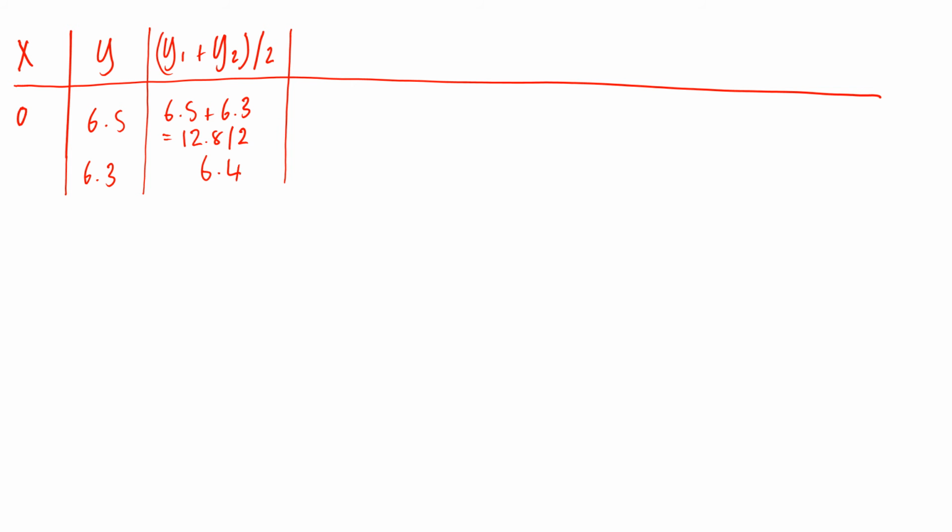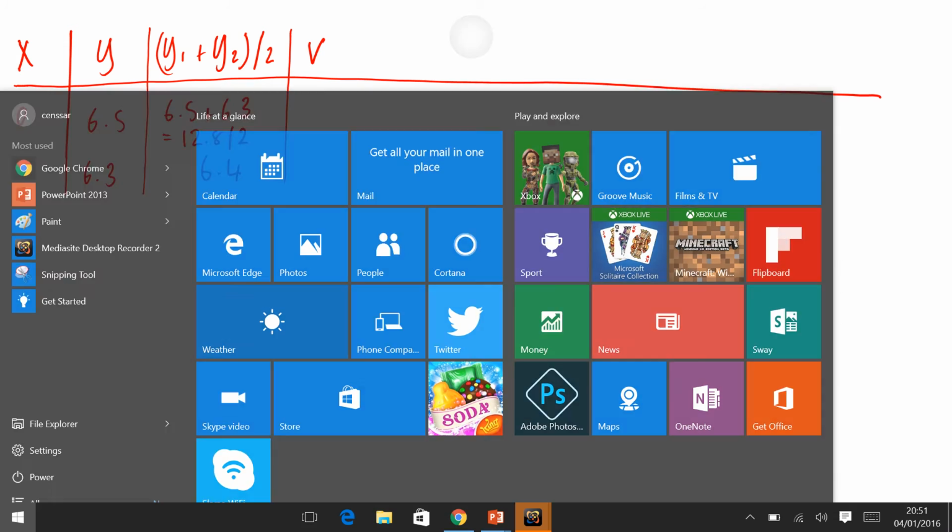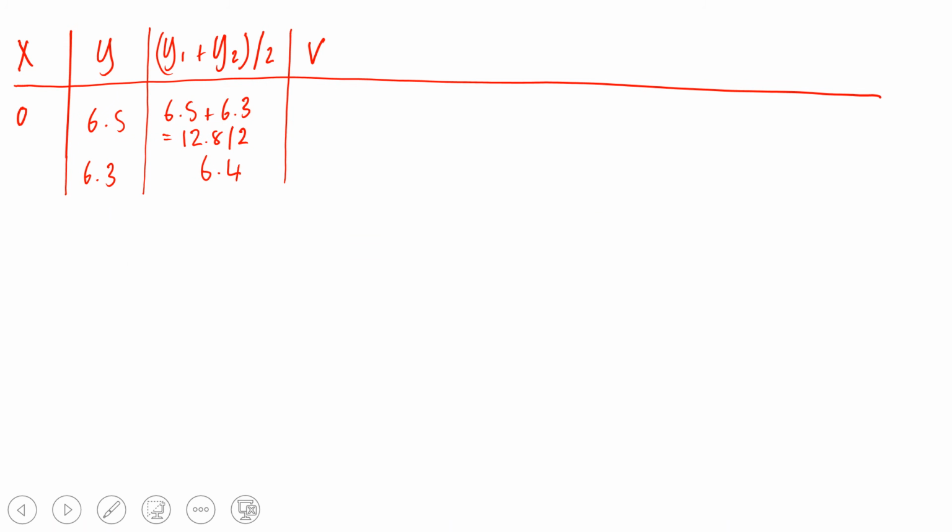Now the next value he has is v, and he's worked out v as follows. v equals q over A. Now q is small q times B, and area is B times y.